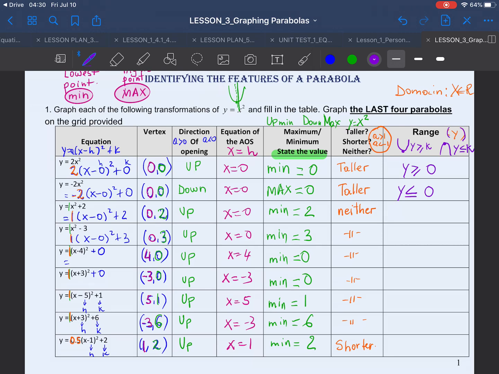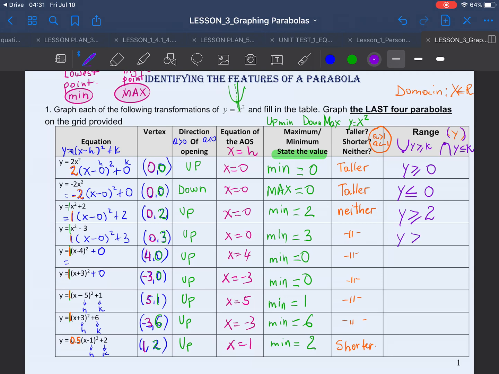But if you feel like it, just stop the video and try to figure this out on your own again. So y, we're going to say in this case, it opens up, right? So that means that it will have a lowest point. So every other point will be above the lowest. So we're going to say bigger than or equal to the minimum value, which is 2.